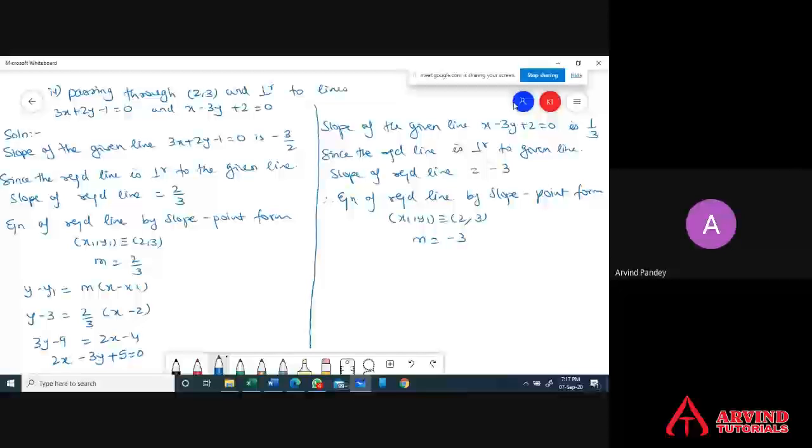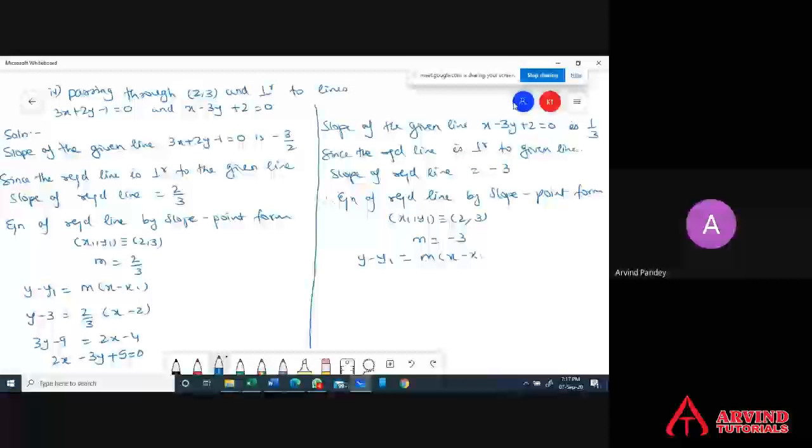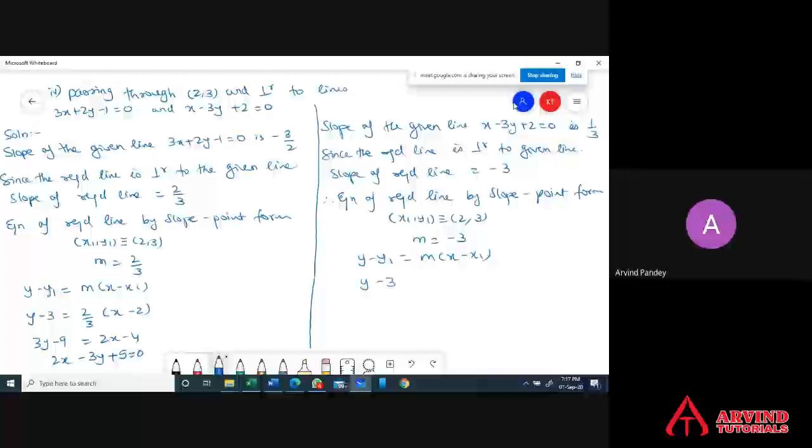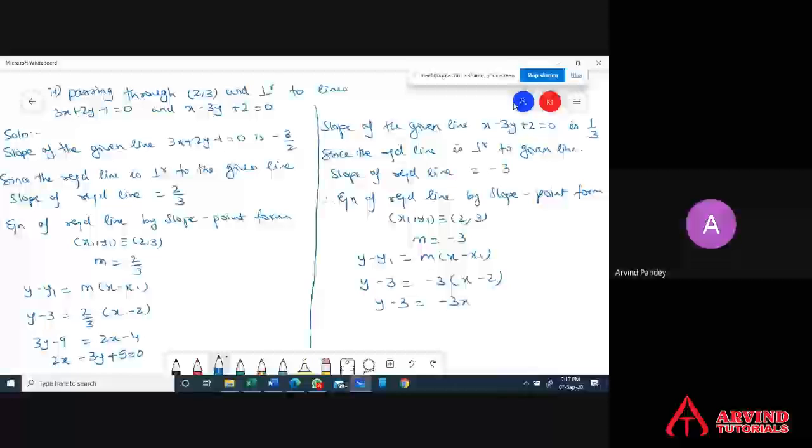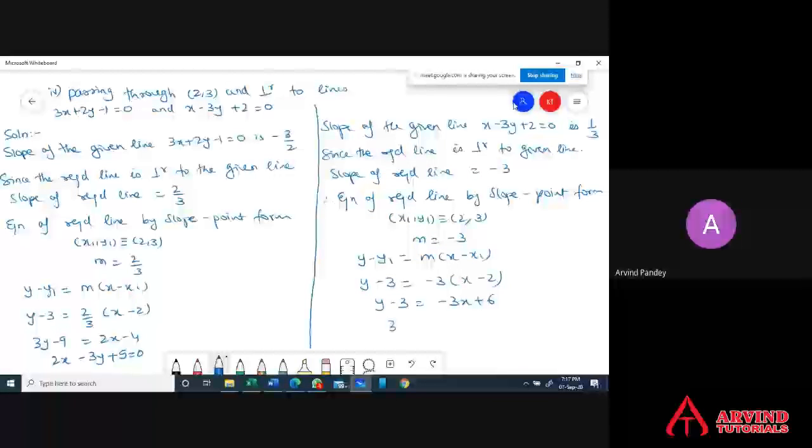So it is y minus y1 equal to m into x minus x1. That is y minus 3 equals minus 3 into x minus 2. So y minus 3 equals minus 3x plus 6. So this is 3x plus y minus 9 equal to 0. Okay, just copy down this much.